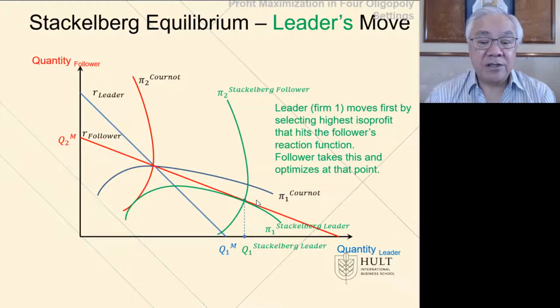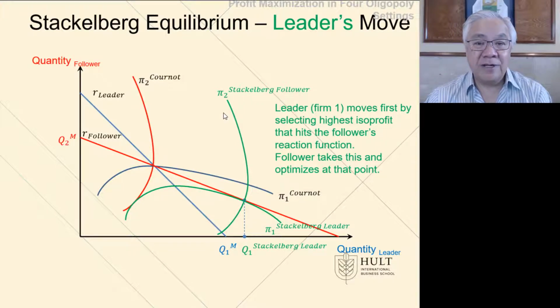So the reaction function for firm 2 then leads to this new position for their iso-profit. And look how far it's moved away from the iso-profit for the Cournot equilibrium. So it's moved all the way from this point to this point. So they're actually eroding quite a bit of profit. And again, similar, look at the position for the leader, firm 1.